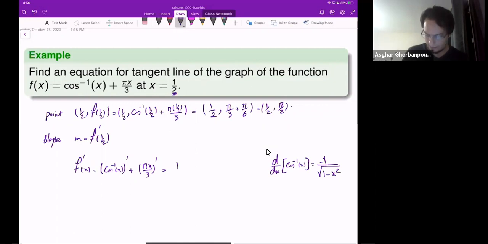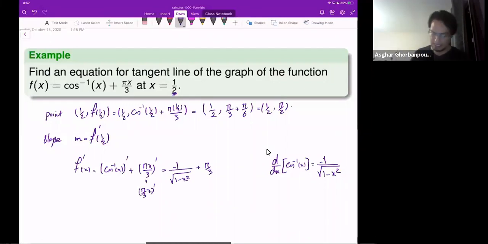So here I have negative 1 over root 1 minus x squared plus this pi x over 3, you can write it as pi over 3, which is constant, times x. And that will give me pi over 3.